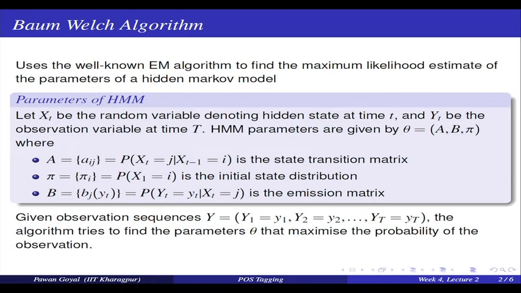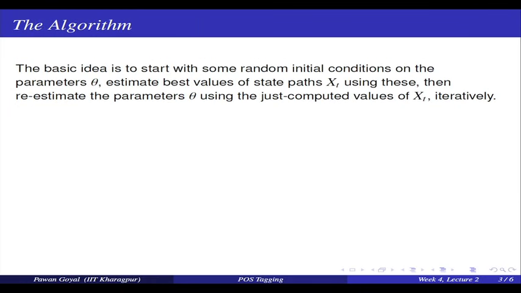So what is the main intuition of EM? The idea is, I want to estimate the parameters A, B, and pi. So I will start with some random initial probabilities for all these parameters.